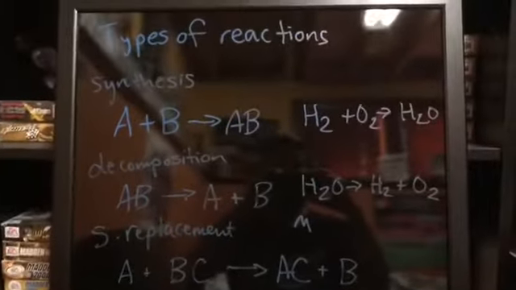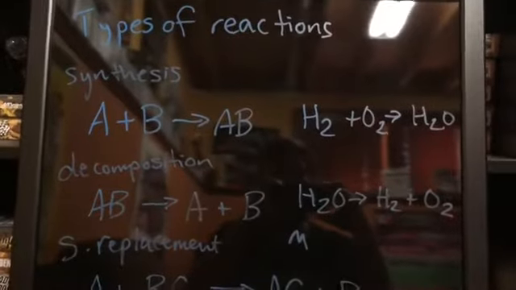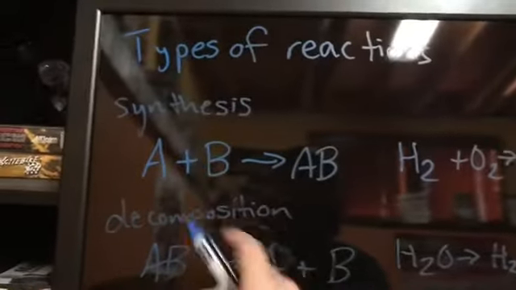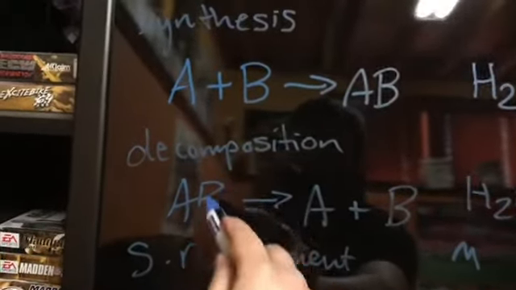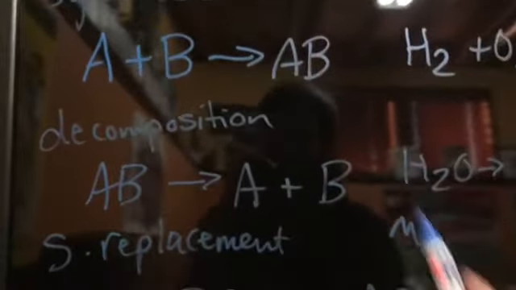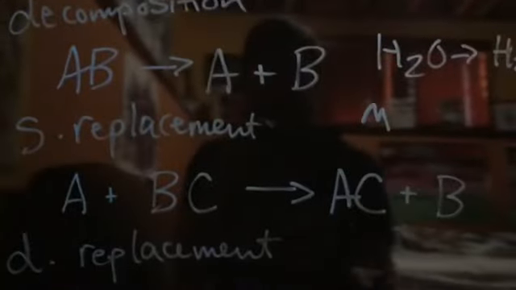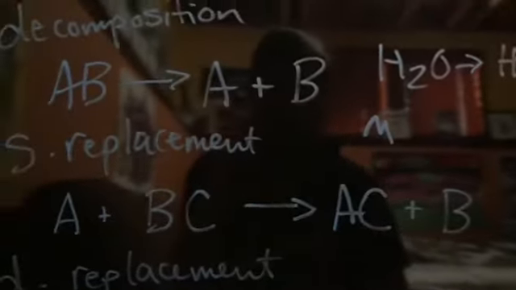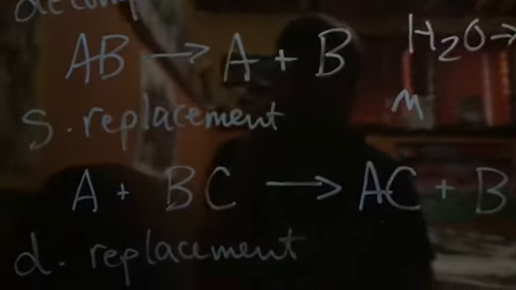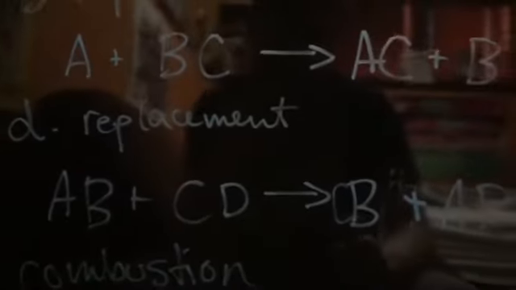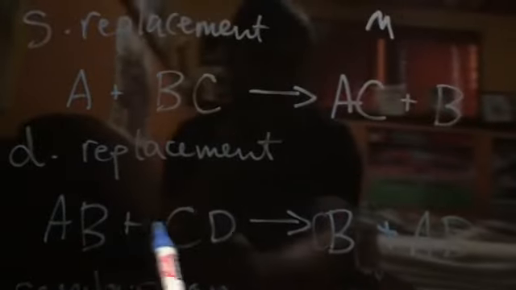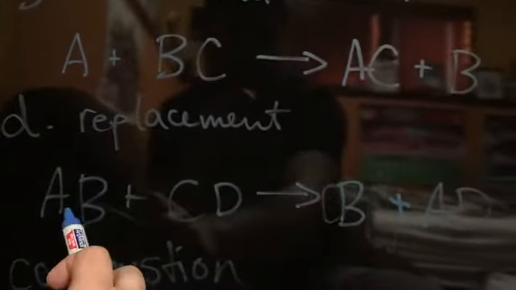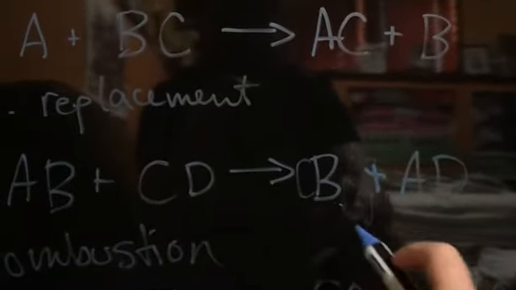So here are all the types of reactions again. Synthesis is when two simple things combine into one. Decomposition is when we have one big thing that simplifies to simple pieces. Single displacement is when two of the elements switch spots on the other side. Double replacement or double displacement is when they swap partners with each other. So A went over here and C went over here on the reaction side.